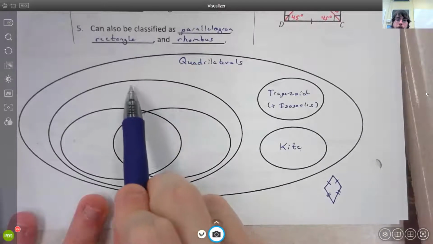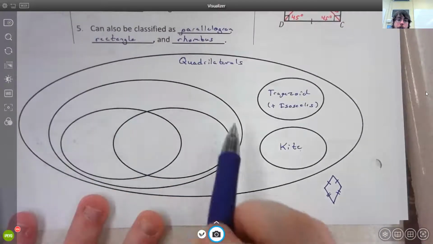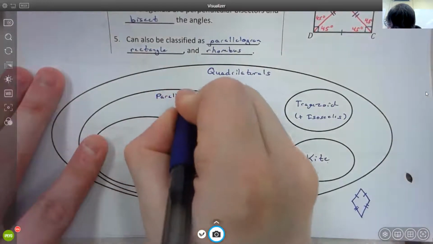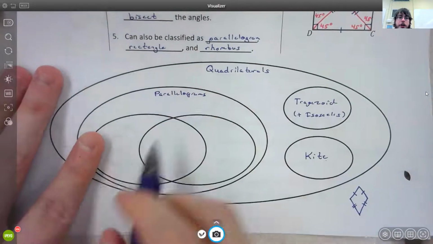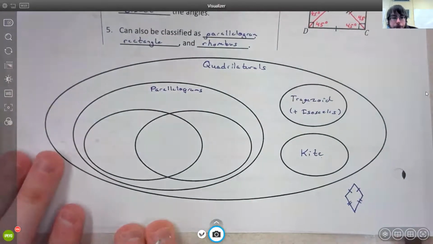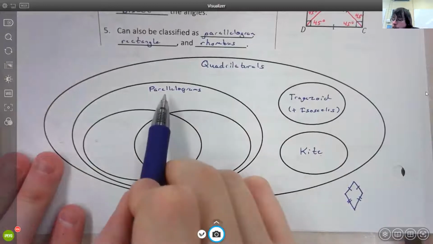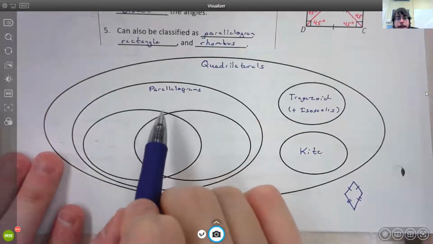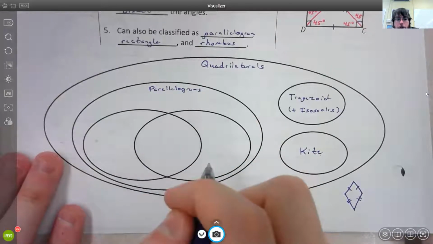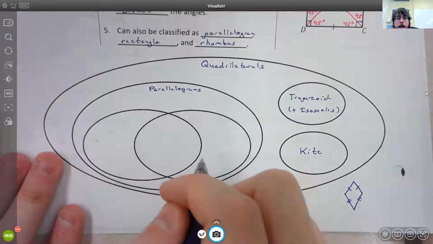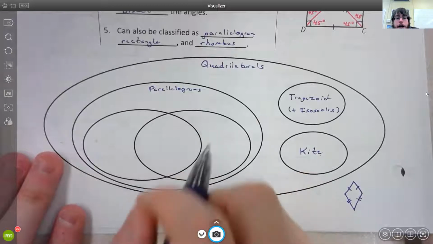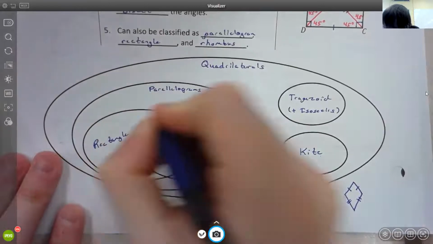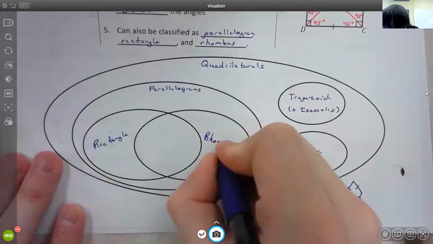Now the other big bubble here, we're gonna label that as our parallelograms. So we've got a bunch of shapes that can be parallelograms from our quadrilaterals. Now, in the parallelograms, there are 3 different things that can be classified as parallelograms as well, okay? The 2 more generic ones are the rectangle and the rhombus.